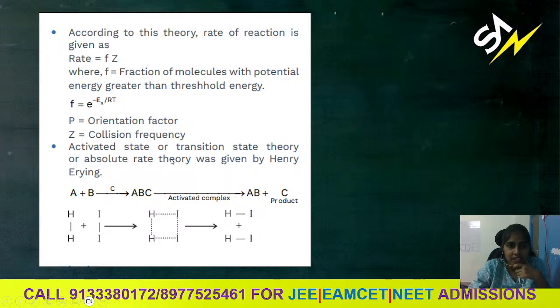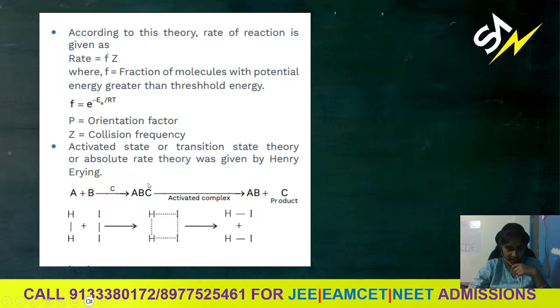Next, activated state or transition state theory, or absolute rate theory, was given by Henry Eyring. We can see it here: when A plus B in presence of C is converting into ABC, this is the intermediate or the transition state.